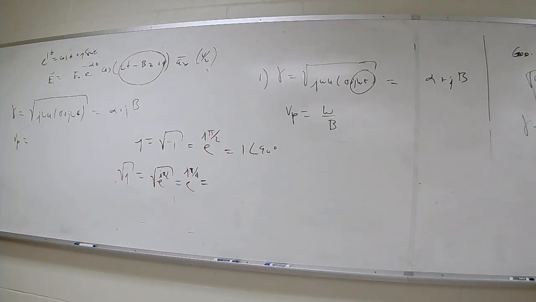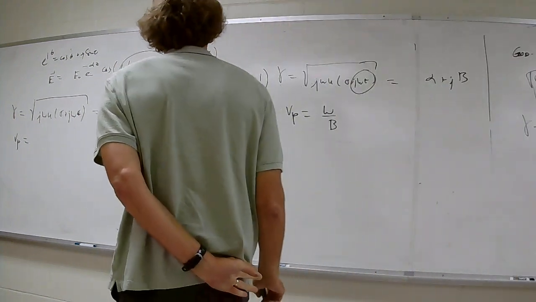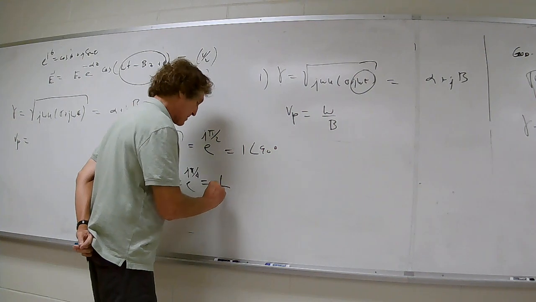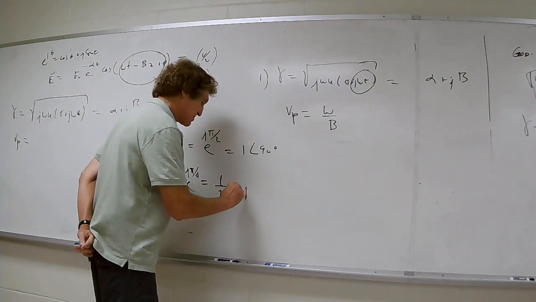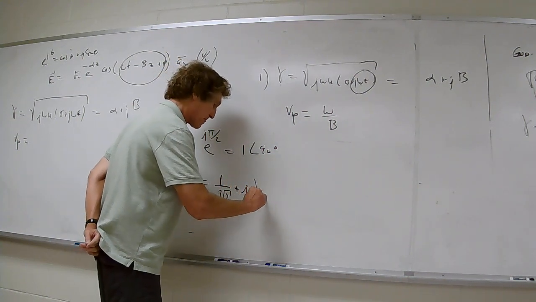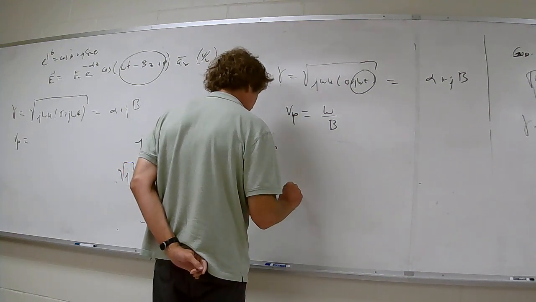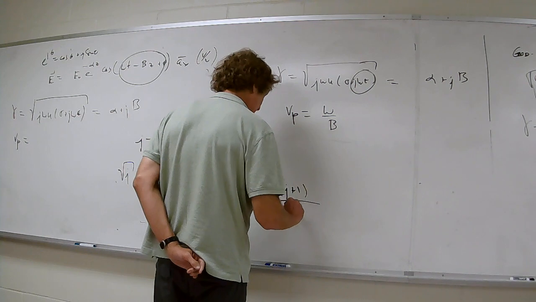What is the sine of 45 degrees? Same thing, 1 over square root of 2. So this is 1 over square root of 2 plus j times 1 over square root of 2, or simply 1 plus j divided by square root of 2, isn't it?